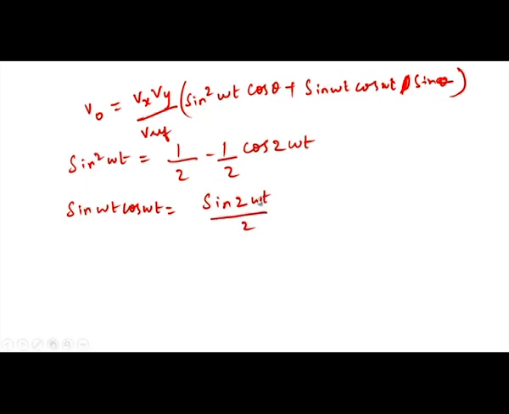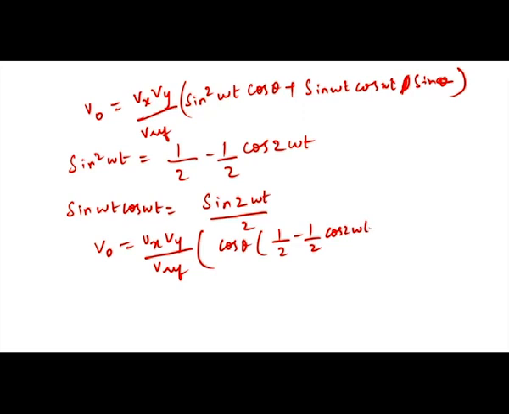So, if these two values are substituted in the above equation, V naught will be Vx Vy by V reference into cos theta times 1 by 2 minus 1 by 2 cos 2 omega t, plus these two terms replaced by sin 2 omega t by 2 sin theta.